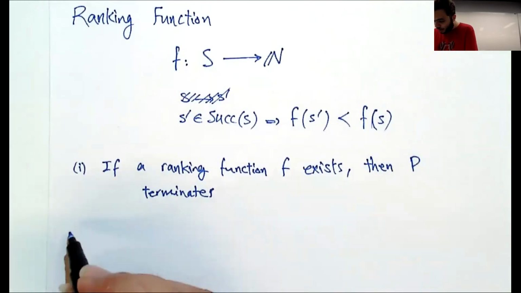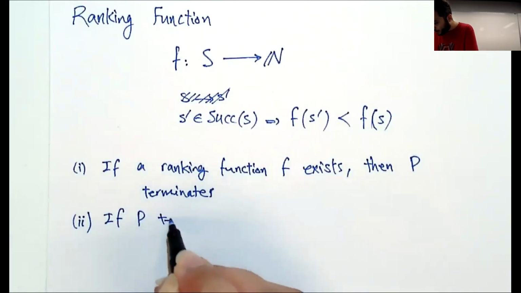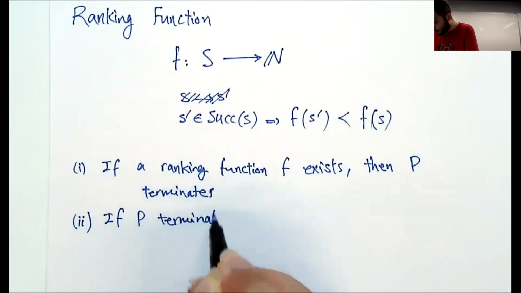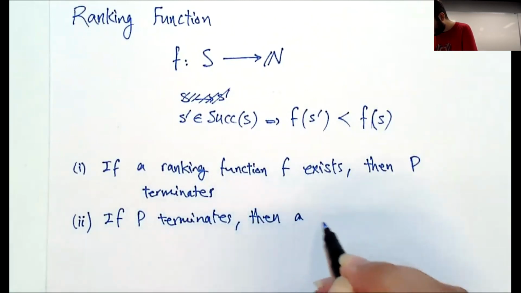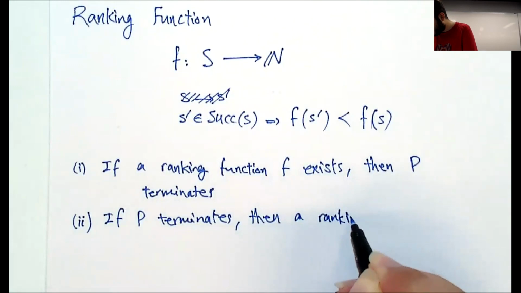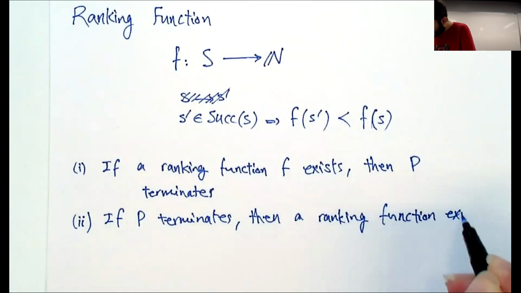But what's actually even more interesting is that the other side holds as well. If P terminates, then a ranking function exists. And for now, let's say that we don't have non-determinism.